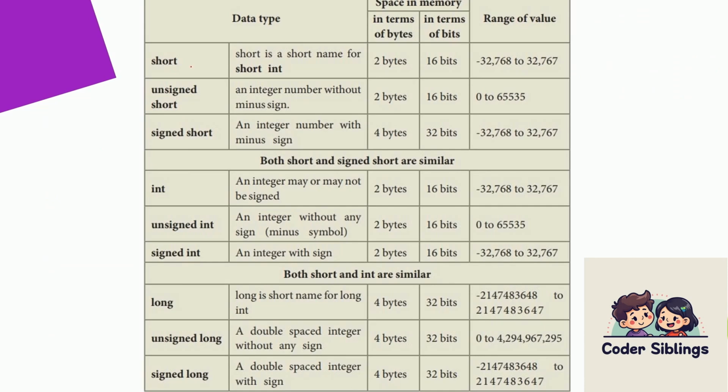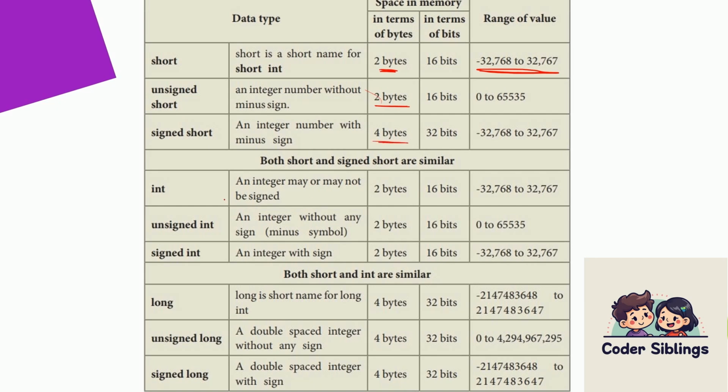So short is the name of short int. In terms of bytes, it occupies 2 bytes and the range lasts from minus 32,768 to 32,767. Now unsigned short is an integer number without minus sign. It holds 2 bits. Signed short is an integer number with minus sign. It holds 4 bits.